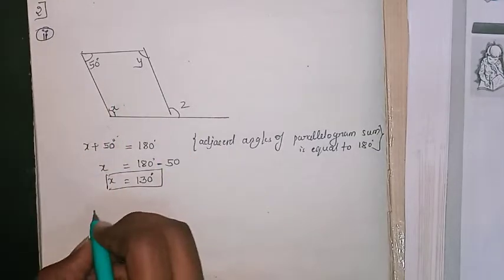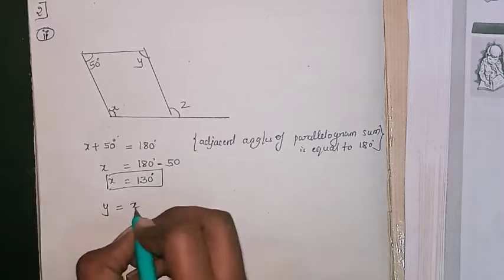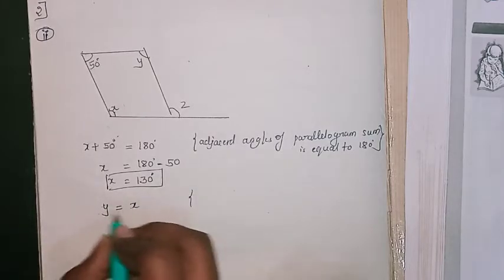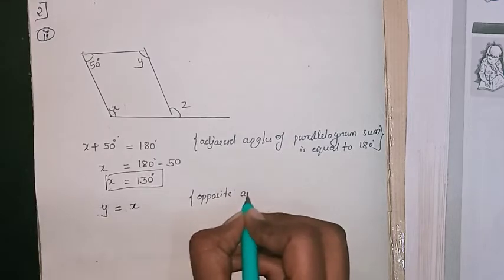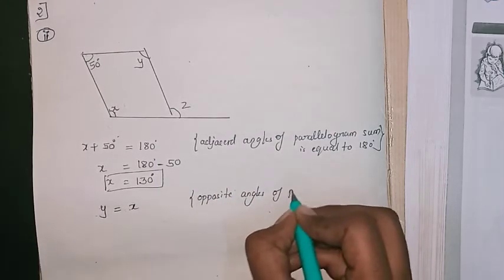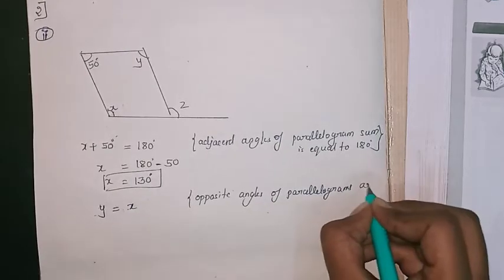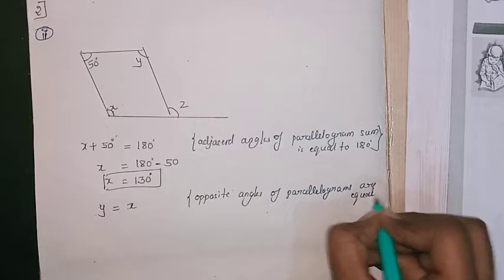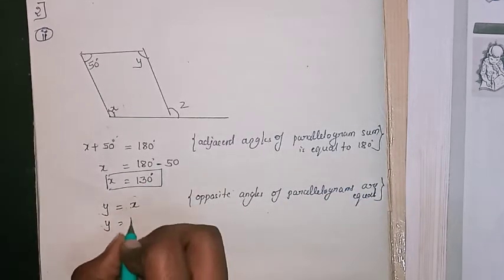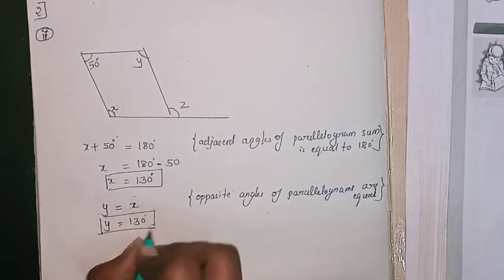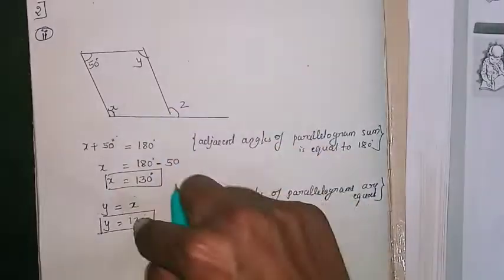So y is equal to x, because opposite angles of a parallelogram are equal. What is the value? y is equal to the x value, which we already know, that is 130 degrees. That means y is equal to 130 degrees. So you can solve it like that, and y you got.